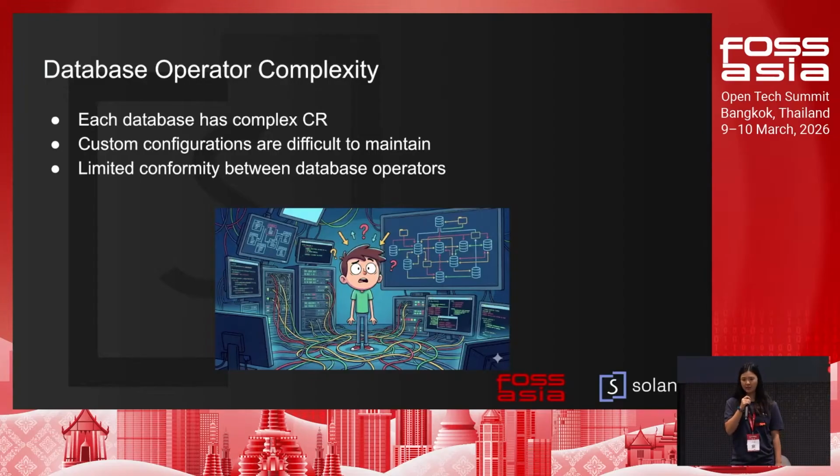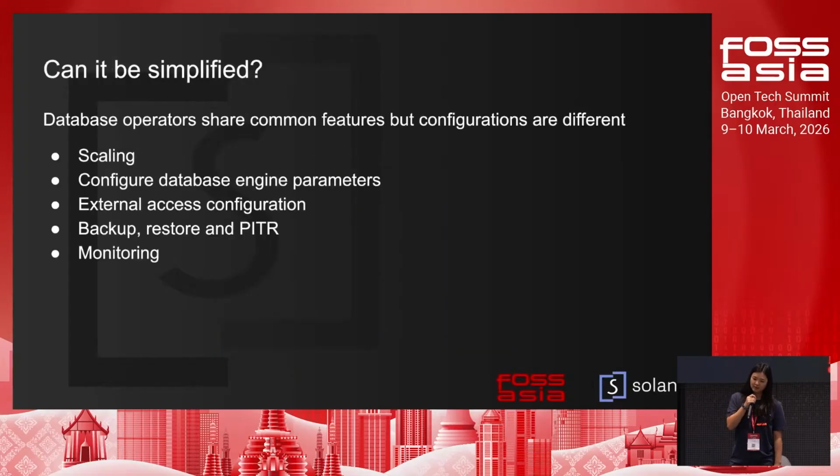If you add another document database, you have yet another different configuration, and there's limited conformity between different database operators. So the question is, can we simplify it? Even though database operators have different configurations, as we've seen in the YAML, there are common features whether you are using a document database or a relational database.